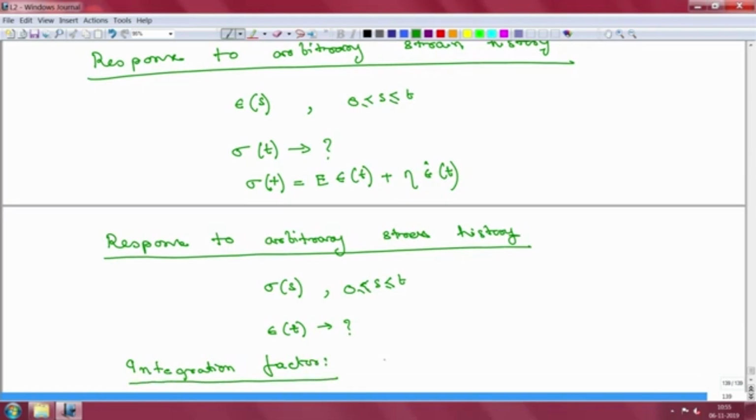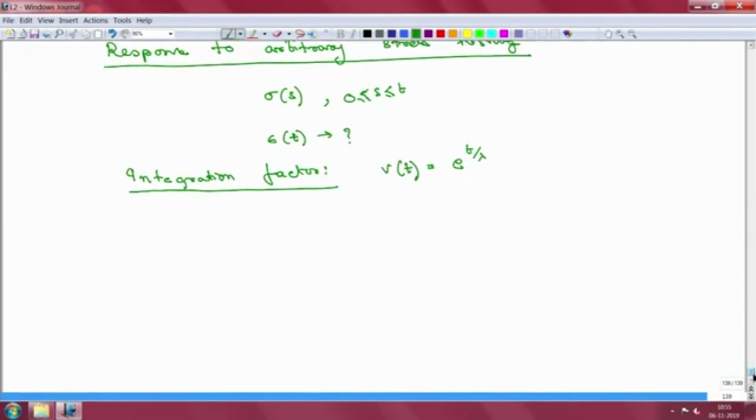An appropriate integrating factor you will see again is of the same form, e to the power t by lambda. Okay. So in this particular case, if you apply this integrating factor, you will end up with e to the power t by lambda epsilon t equal to e to the power t by lambda sigma into 1 by eta.